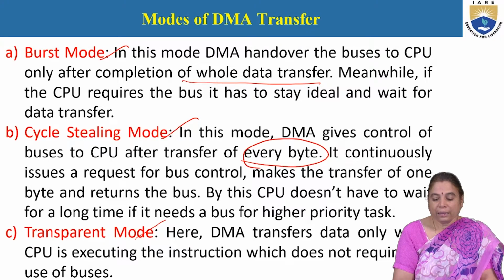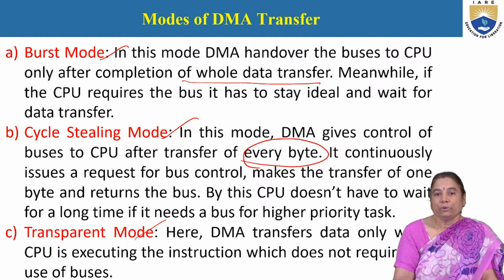And again it can acquire the bus control so that it can transfer the next byte of data. So here the request and grant signals have to be frequently used to gain the CPU's attention and to gain control over the buses for data transfer.